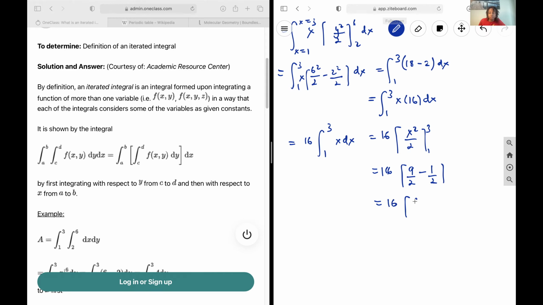So 16 times 8 over 2. And this will become 8 by 8, which should give us 64. And that will be your final answer for the integral from 1 to 3, 2 to 6 of xy dy dx. So this is just an example of how to do it.